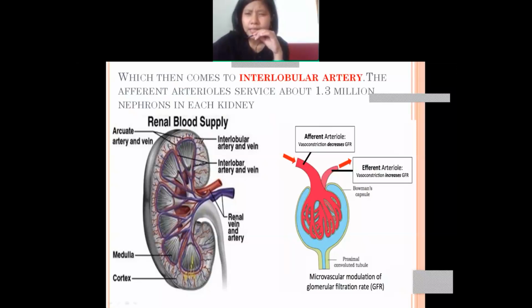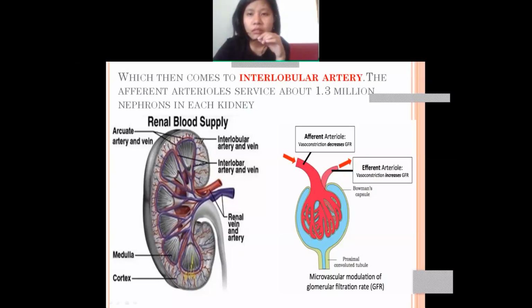And in the interlobular artery, you will find the afferent arteriole. Understand? In the afferent arteriole, about 1.3 million nephrons are there.